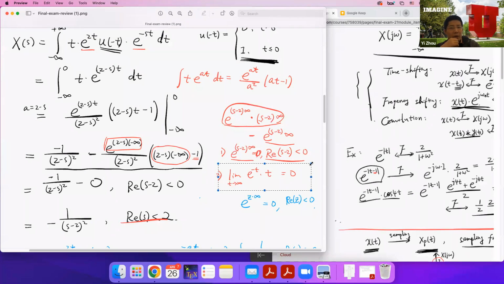For this one, the ROC is a little bit different, because it is in the form of e to the power of t times t. If you view (s minus 2) times infinity as an entire variable, such a limit converges as t goes to infinity.